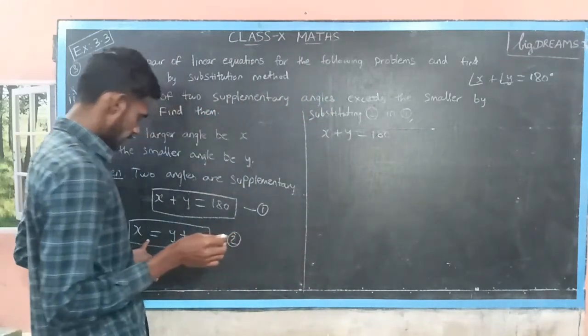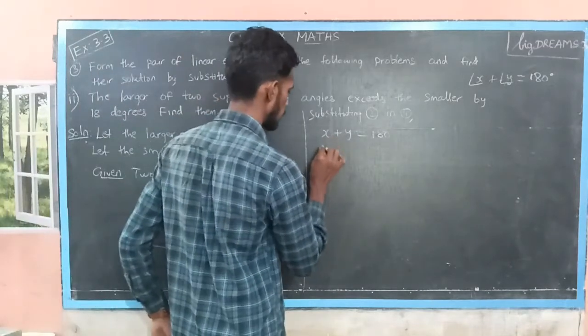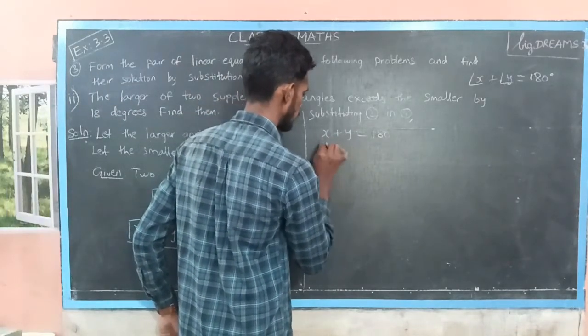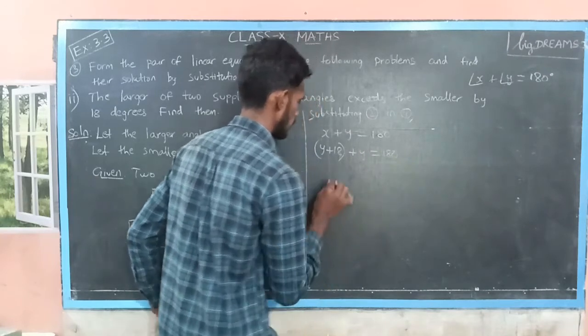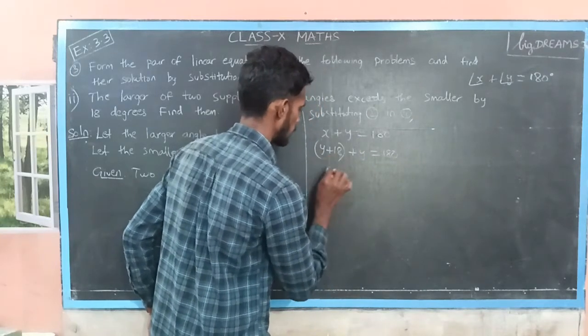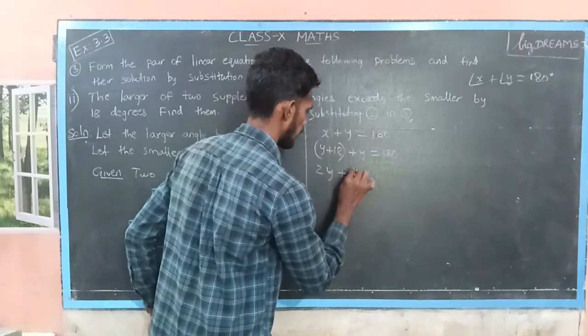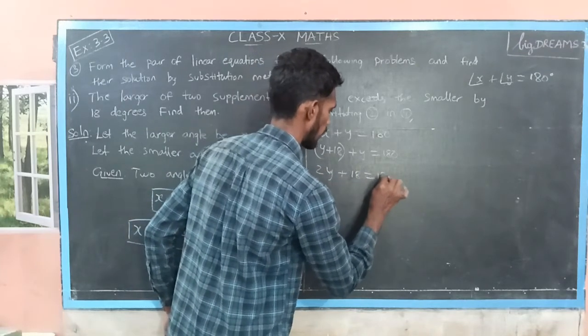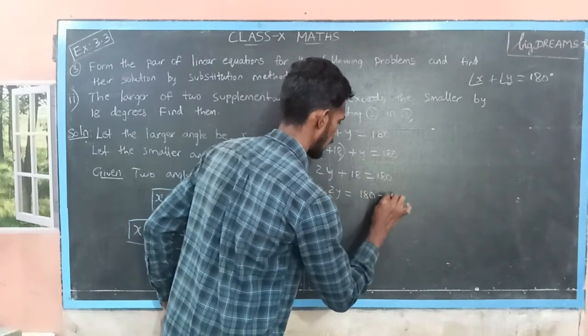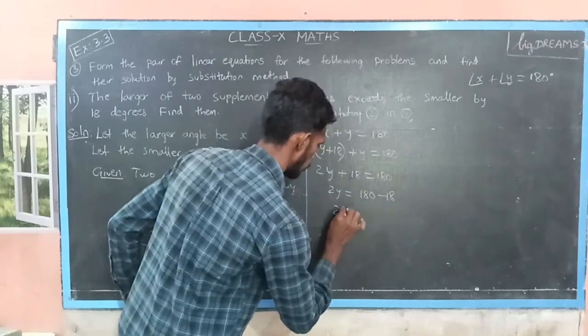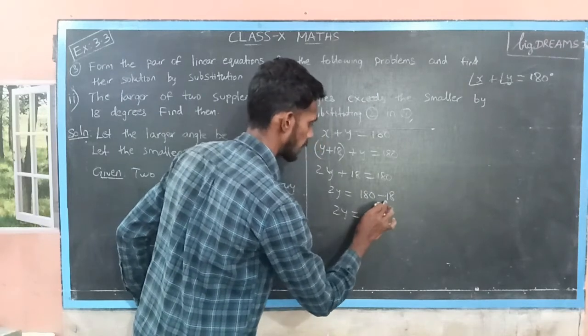So, the value of x is y plus 18. So, substitute y plus 18 plus y is equal to 180. So y plus y becomes 2y plus 18 is equal to 180. So 2y is equal to 180 minus 18.